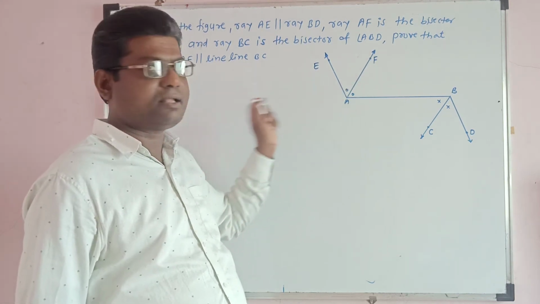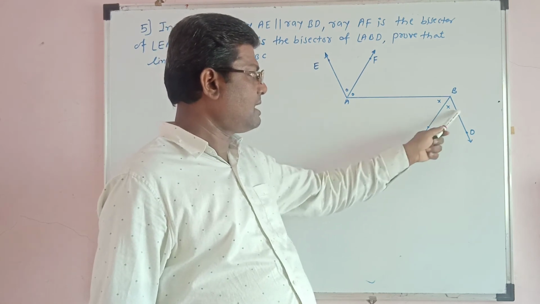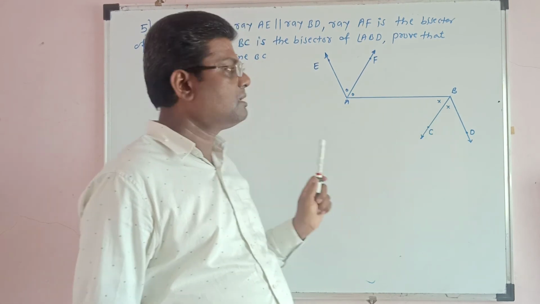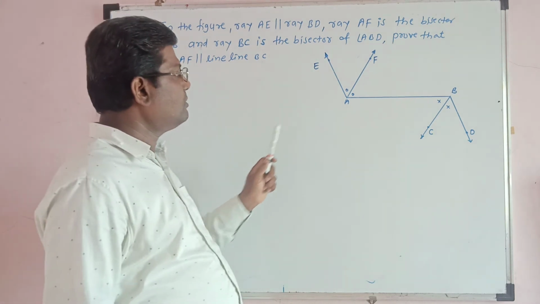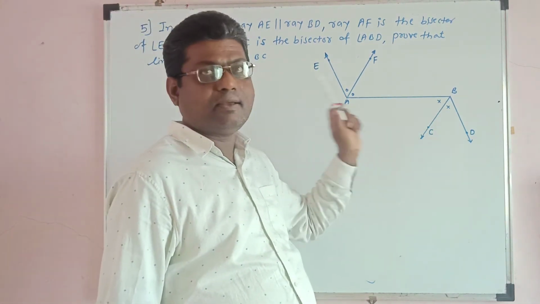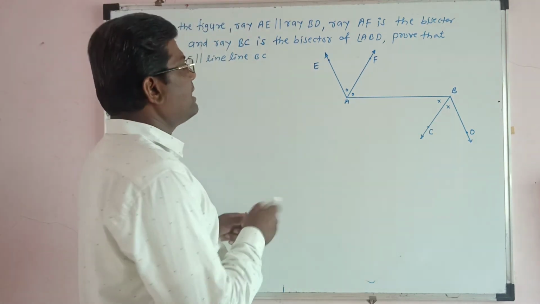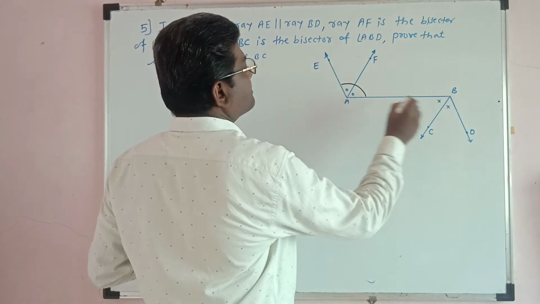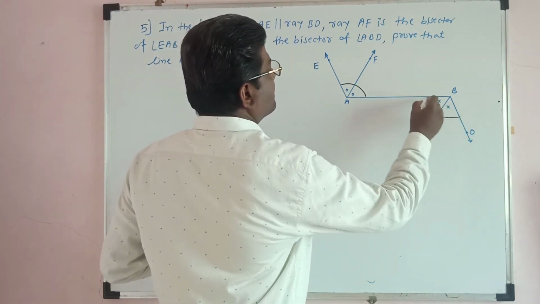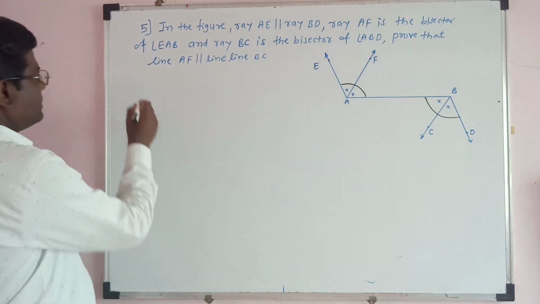These two angles are equal. And BC is a bisector of this angle. Therefore, these two angles are equal. Now, ray AE parallel to ray BD and AB transversal. Then, these two angles will be alternate angles. They will be equal.